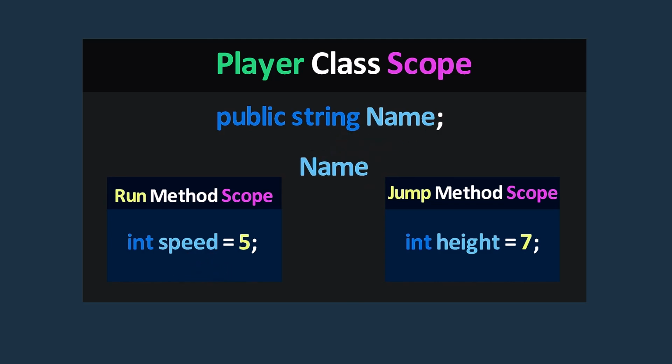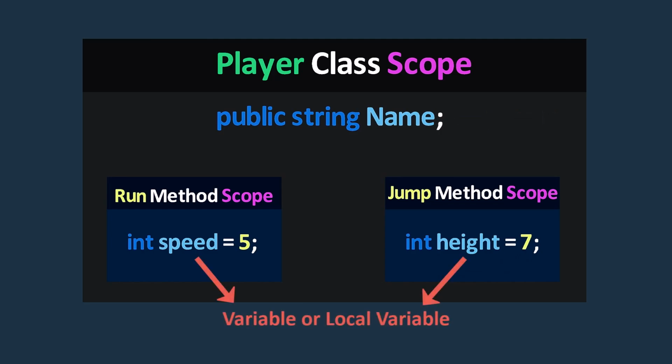On the other hand, a class field can be accessed from any method within the class. In a sense, the difference between a variable and a field boils down to their declaration. A variable declared at the class level is referred to as a field, whereas a variable declared within a method is typically just called a variable or local variable.